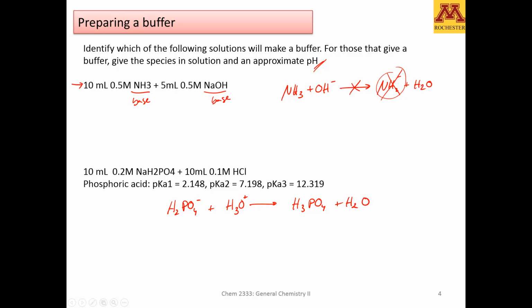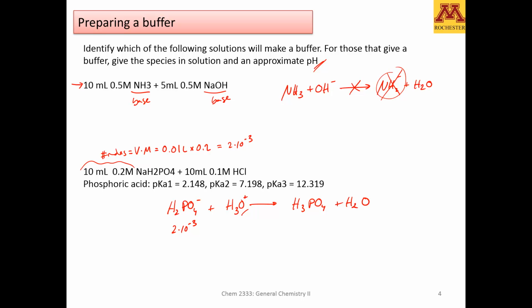Now, have we added too much of the acid to just have phosphoric acid? Let's see. How many moles is this? Well, the number of moles, as you know, is volume times molarity. So 0.01 liter times 0.2 molar. This is 2 times 10 to the negative 3. So I have 2 times 10 to the negative 3 moles of dihydrogen phosphate.